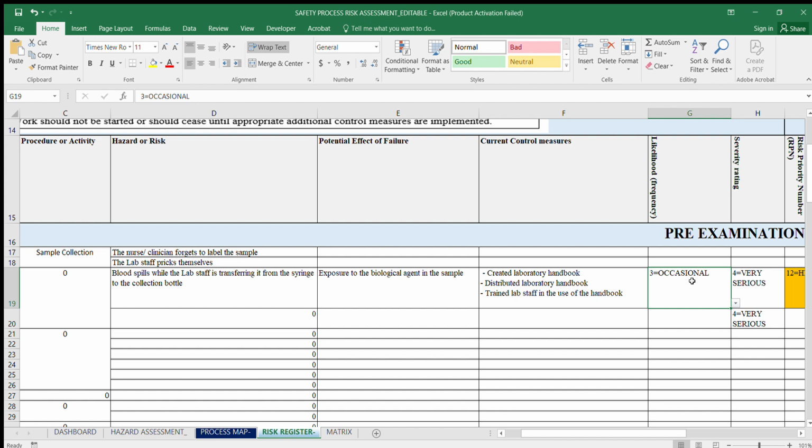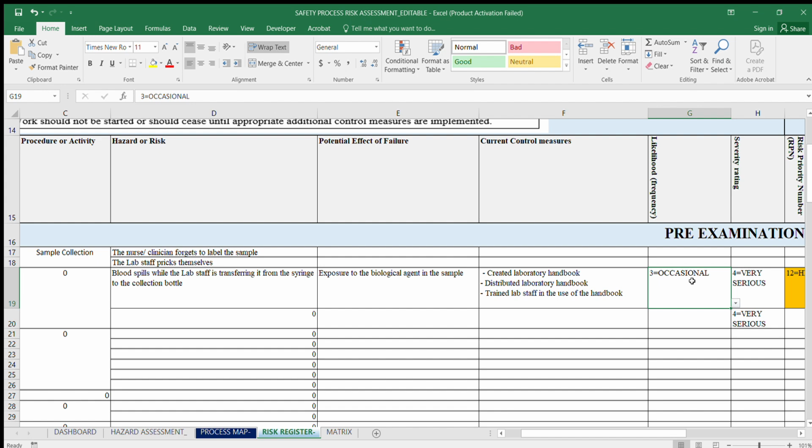Let me say it in this way: has this particular scenario ever happened before? And if it has happened before, how many times has it happened? That will tell you the chances or the likelihood of this scenario happening in future.